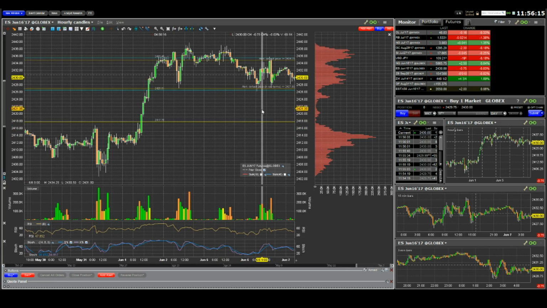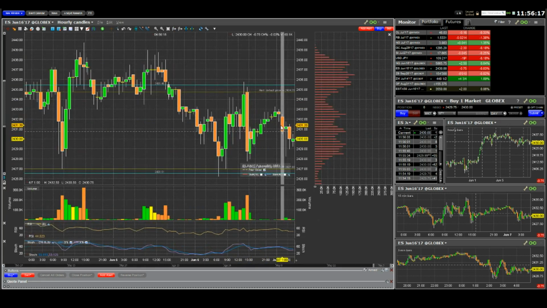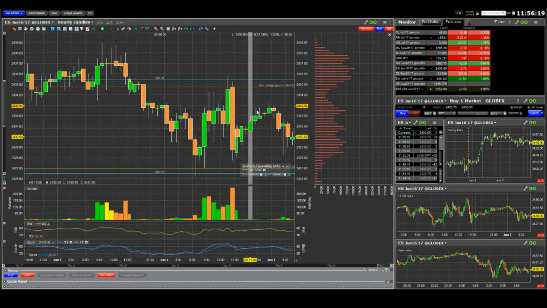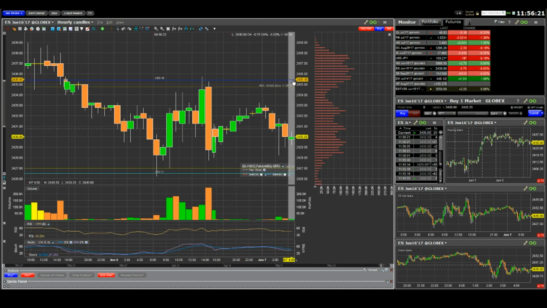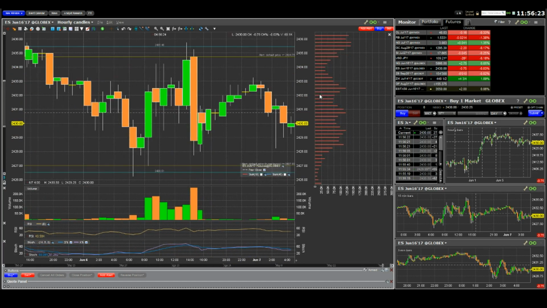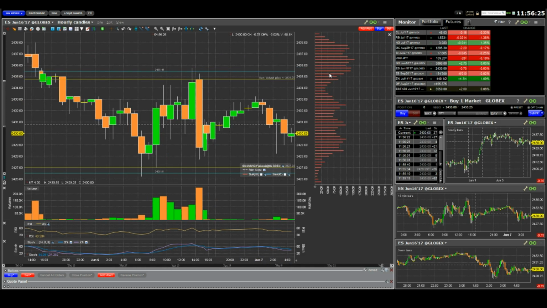Okay, this is better. So when I zoom in now, here this line you can see I drew it where volume starts dropping off. Likewise, you could even put it a bit lower and it would still be a great signal.